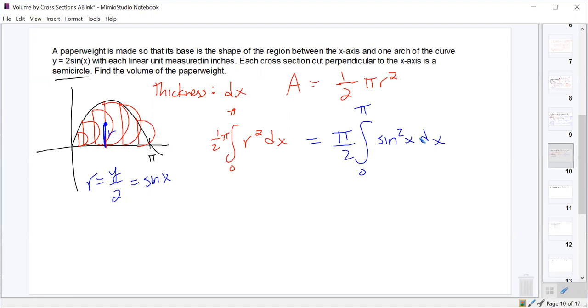So, radius squared, sine squared, pi over 2 times the integral from 0 to pi of sine squared x dx. Everybody good with that or no? Okay. How do we integrate sine squared x dx?